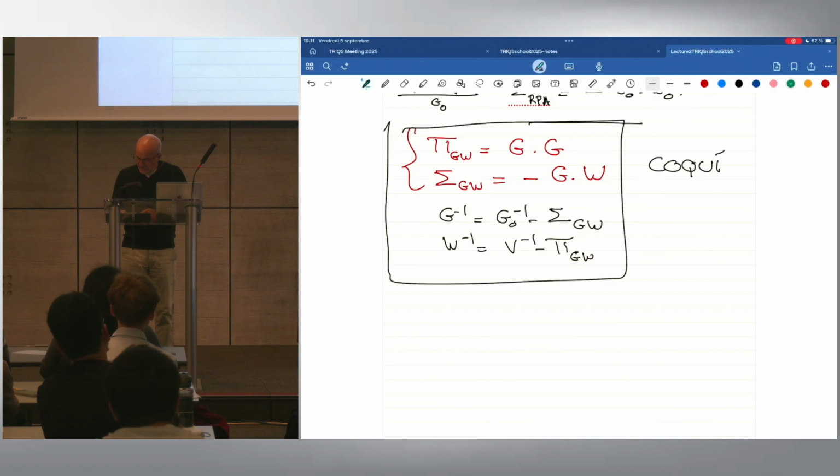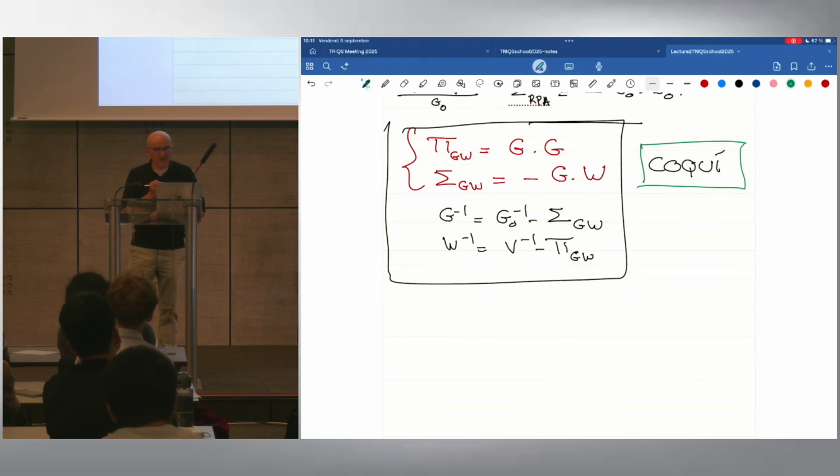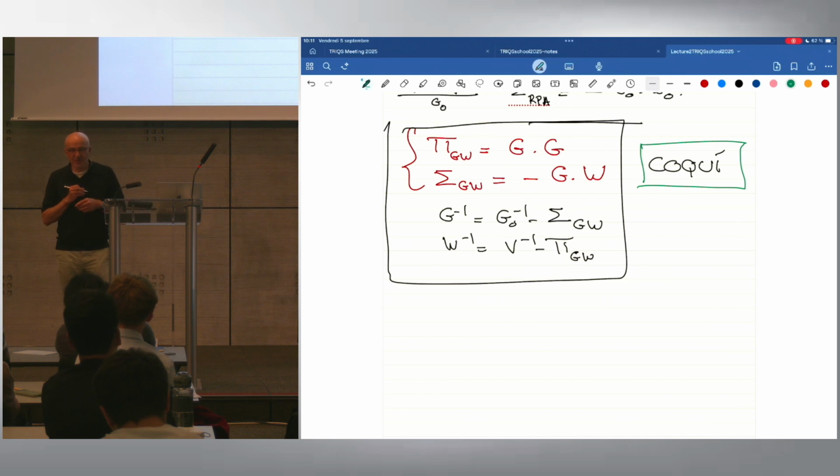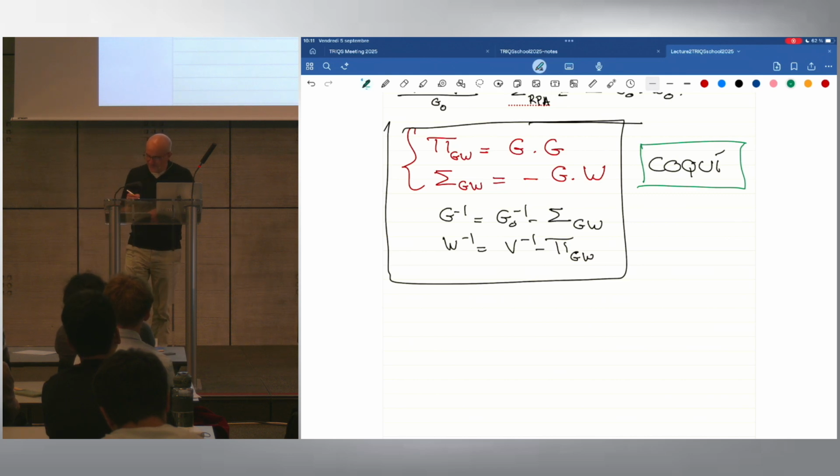I should really write Coqui in green, because the reason this code is called Coqui, perhaps Chanan will explain, is due to a little frog from Puerto Rico. So the frog is green.